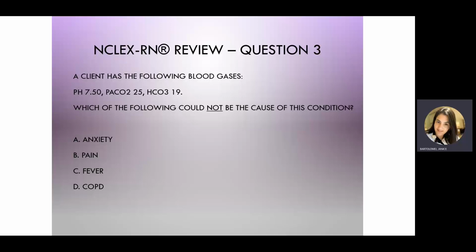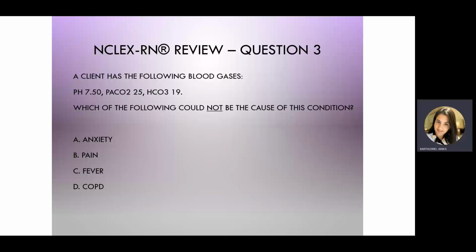So I know this is a respiratory, sorry about my writing, alkalosis because of my pH. Okay. Respiratory alkalosis because of this pH here. Now I identified it, but it's not asking you to identify it.